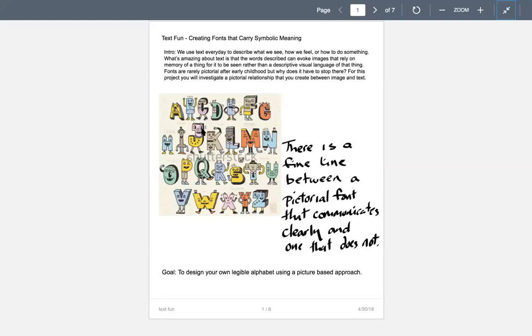So when we look here at this alphabet, we can see that there is a very clear, visible format to the characters. They do have pictorial elements, but they are still legible as characters of an English language alphabet.